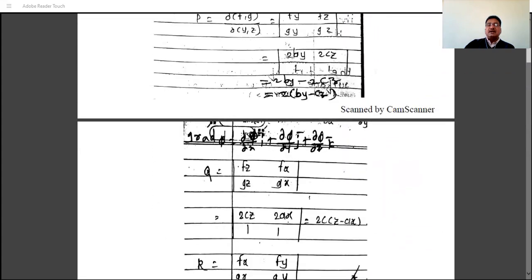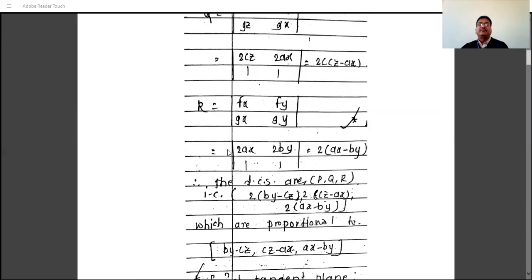This grad phi is the normal to the surface, and the coefficients of i, j, k, that is ∂phi/∂x, ∂phi/∂y, ∂phi/∂z, are the direction ratios of the normal to the surface phi.